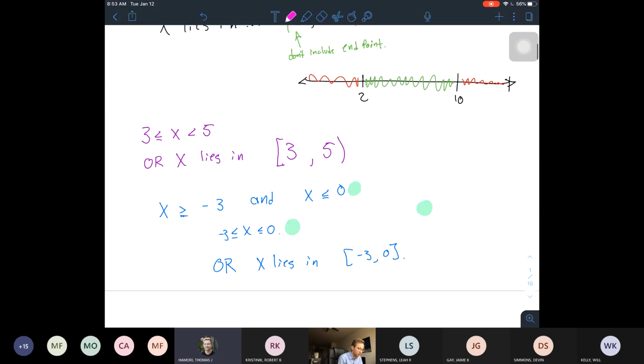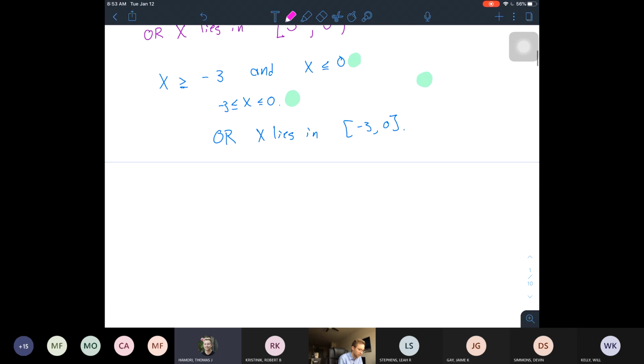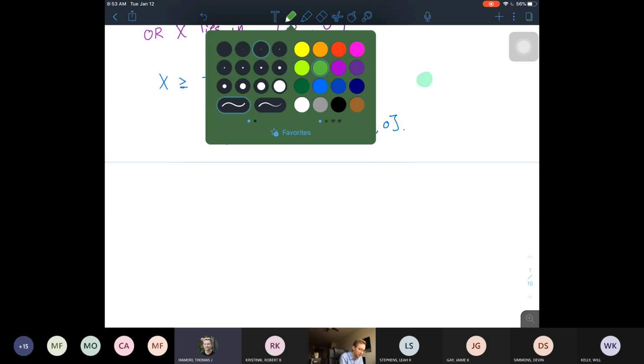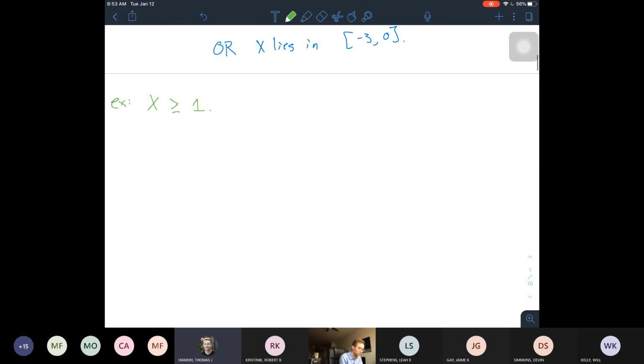So we're going to switch gears for a second back to this less than or equal to notation and our interval notation. And let me ask how we might write the interval for the following problem. If we just had x is greater than or equal to the number 1, then we wanted to say x lies in the interval.